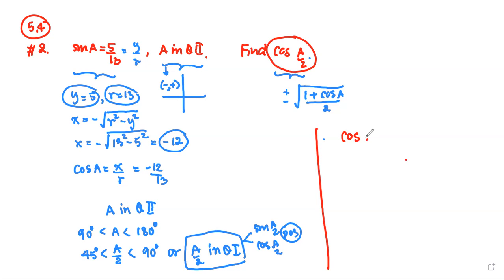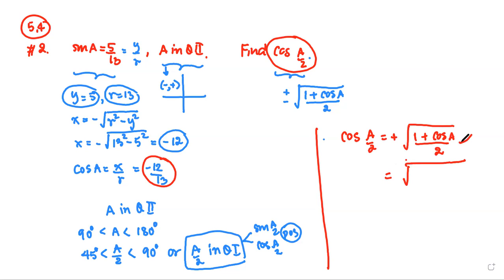Next, we bring it back into the main problem. The cosine of A over 2 is the positive square root of 1 plus cosine A, all divided by 2. Substitute cosine A as negative 12 over 13, added to 1, all divided by 2.